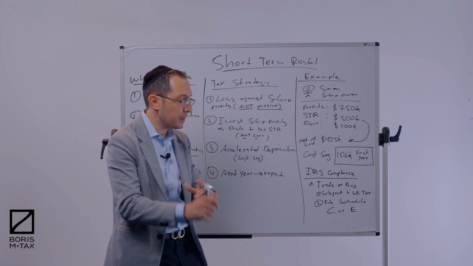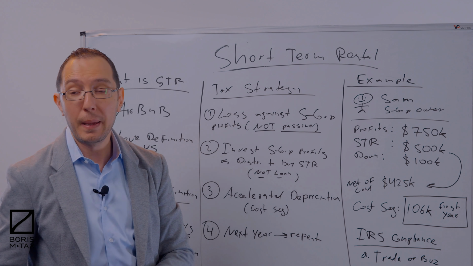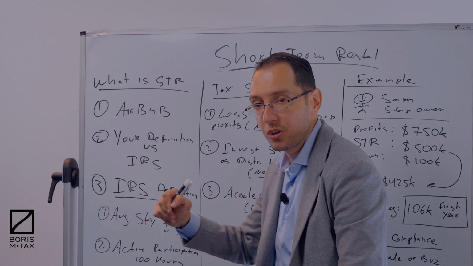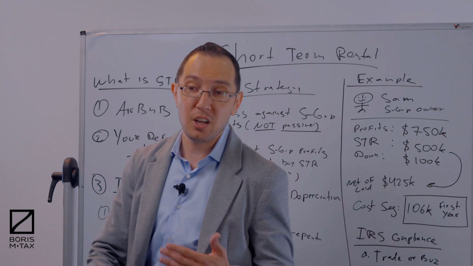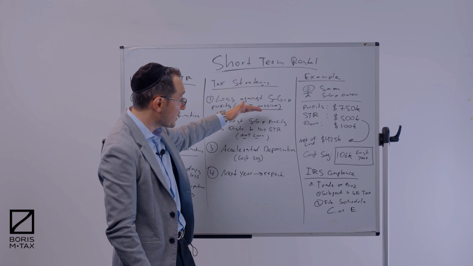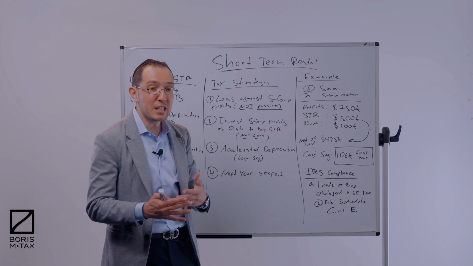This is an approximate estimate. $106,000 in his first year. Because Sam qualifies under the IRS definition of the short-term rental, and he's done accelerated depreciation, and was able to invest his profits into it, he's got a $106,000 deduction in the first year.